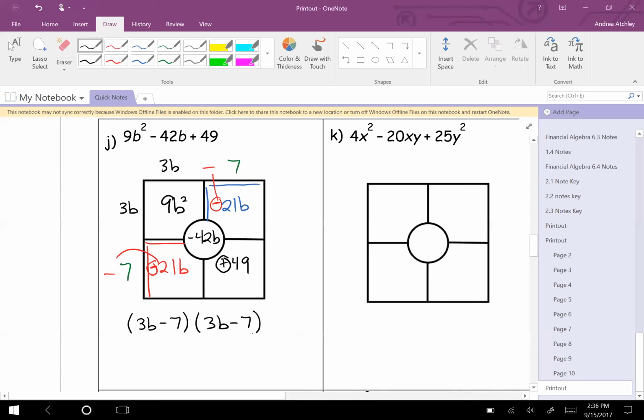And look at that, they match. So I can write it like this as well: 3b minus 7 squared. Any questions over that? We're all good?